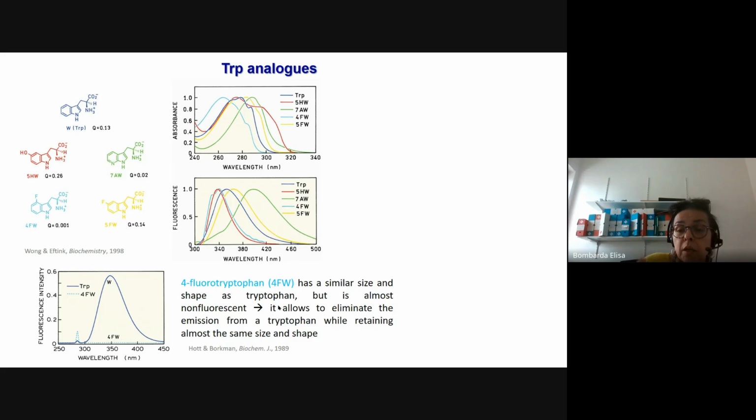You can substitute all tryptophans but one with this analog, eliminating the emission of all the other tryptophans and retaining one, without changing much in the protein due to the high similarity between the natural and the synthesized tryptophan. So that's how to find benefit also in problematic properties.